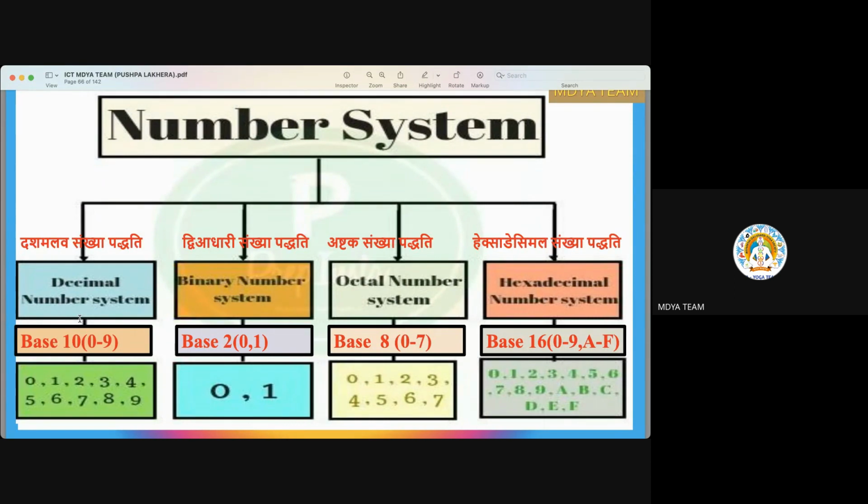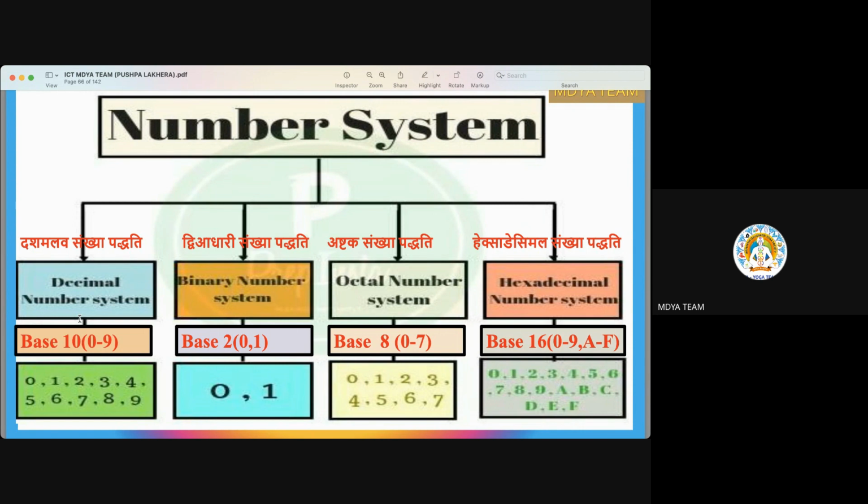In the decimal system, the base is 10 and the digits are 0 to 9, 10 digits. In the binary system, the base is 2 because the digits are 2, 0 and 1. So that's why the base is 2. Here in decimal, the base is 10 because digits are 10.